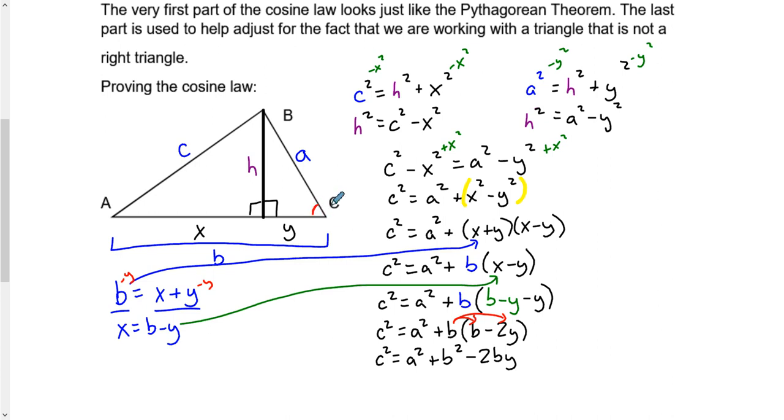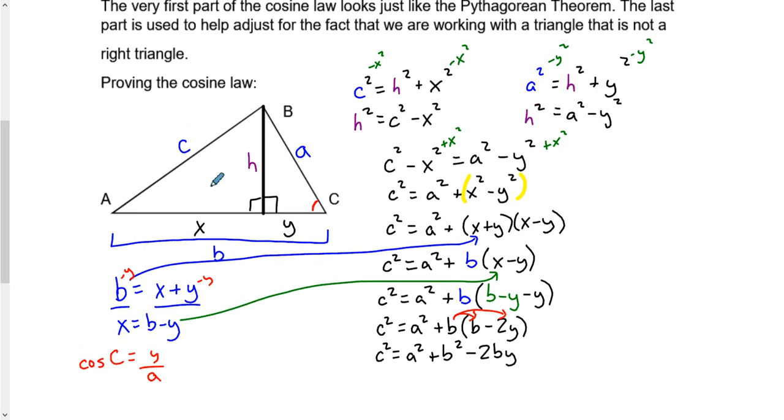This angle, C. Well, we have y would be our adjacent side, and a would be that hypotenuse. So if by chance we were looking for the cosine of C, it would be our adjacent side, which is y, divided by a. Or, more specifically, solving for the y would be a multiplied by the cosine of C. Well, we have a y here, so let's use it in place of y.